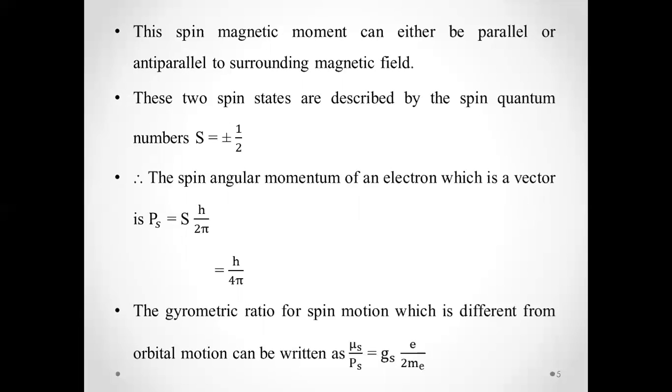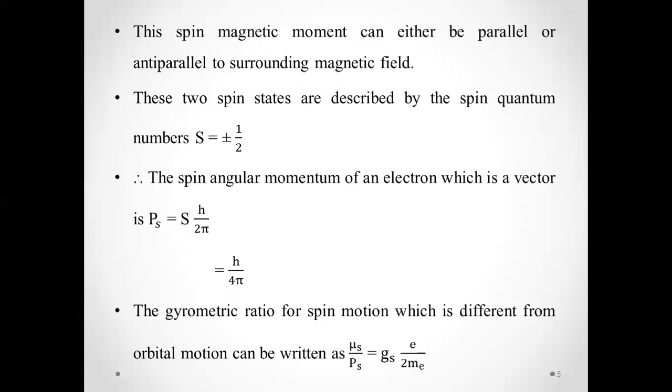These two spin states are described by the spin quantum number s equals plus or minus half. Either it can be plus half or it can be minus half, depending upon its direction of spin.